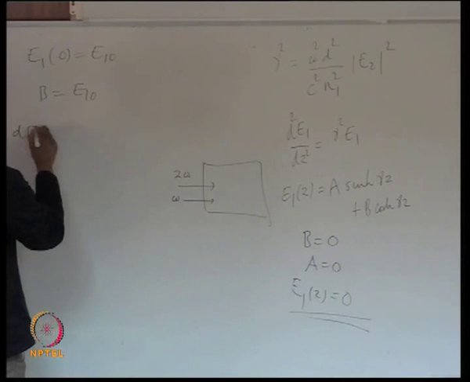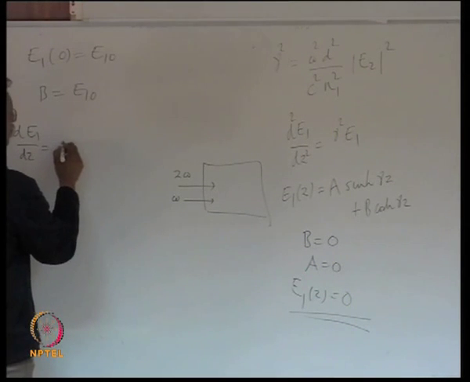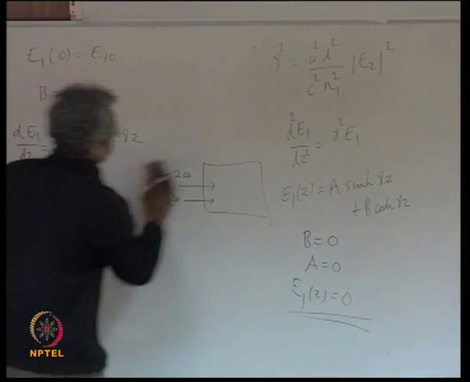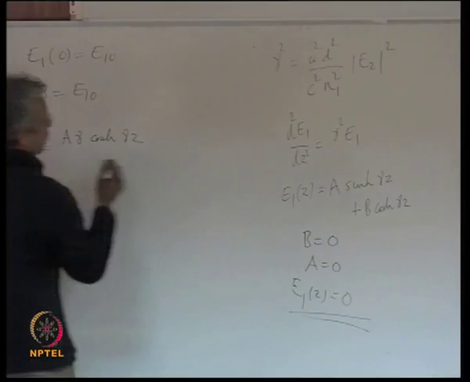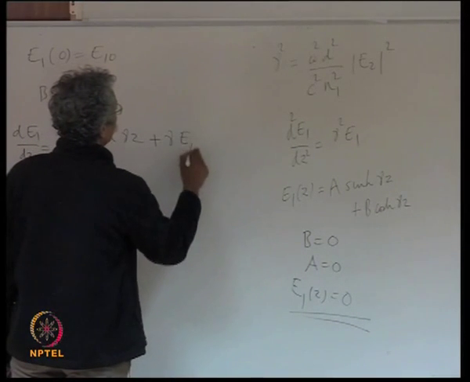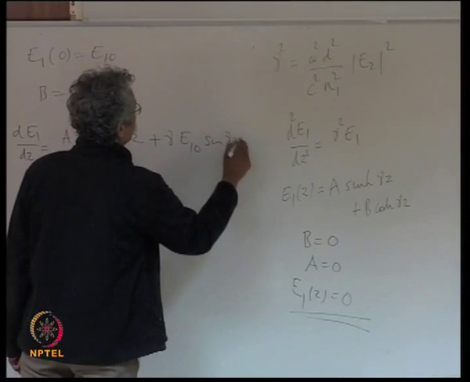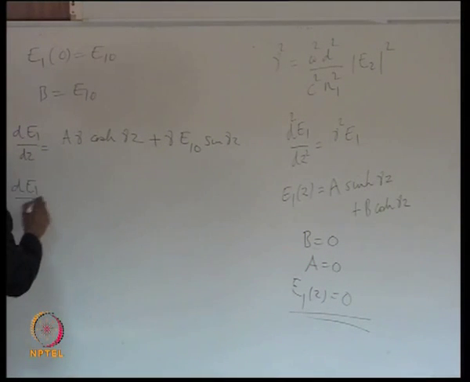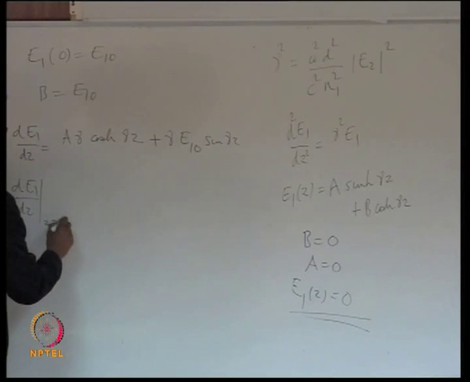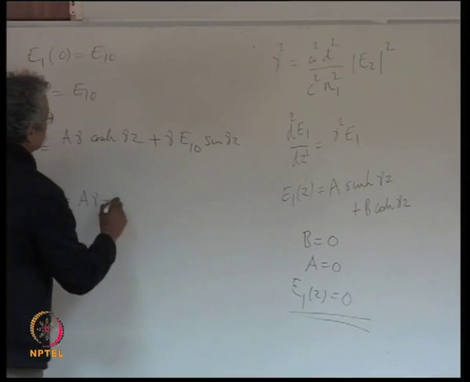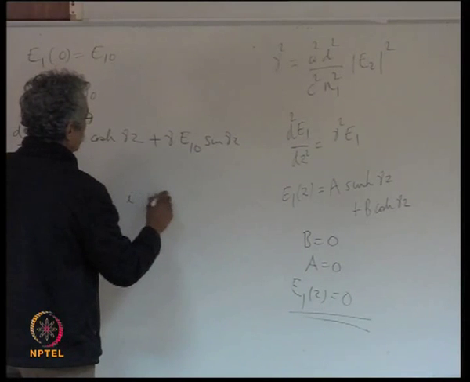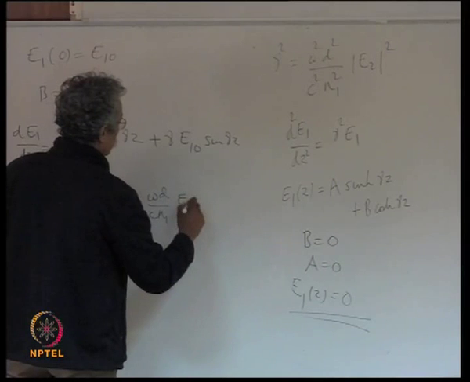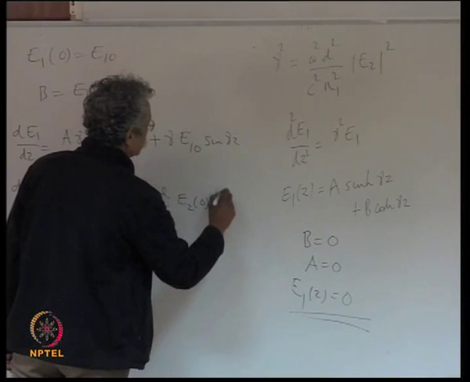So dE1 by dZ is equal to A gamma cosh gamma Z plus gamma E1 0 sinh gamma Z. So dE1 by dZ at Z equal to 0 is A gamma, which is equal to i omega d by c n1, E2 of 0, E1 star of 0.